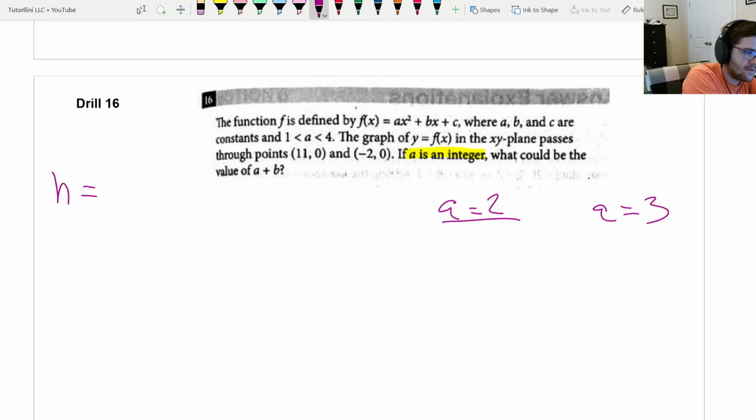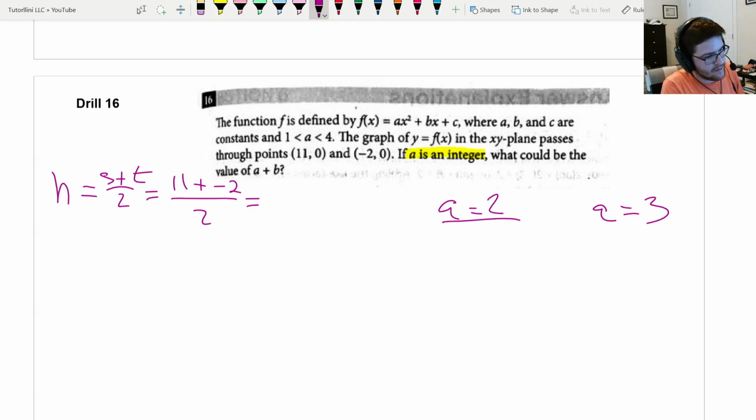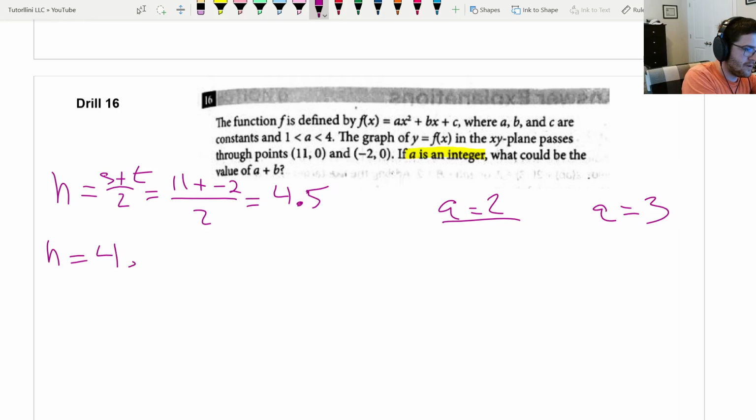So the x-coordinate of the vertex is s plus t divided by 2. So 11 plus negative 2 divided by 2. That's 9. 9 divided by 2. I'll just use a decimal for the sake of simplicity. 4.5. So h equals 4.5.